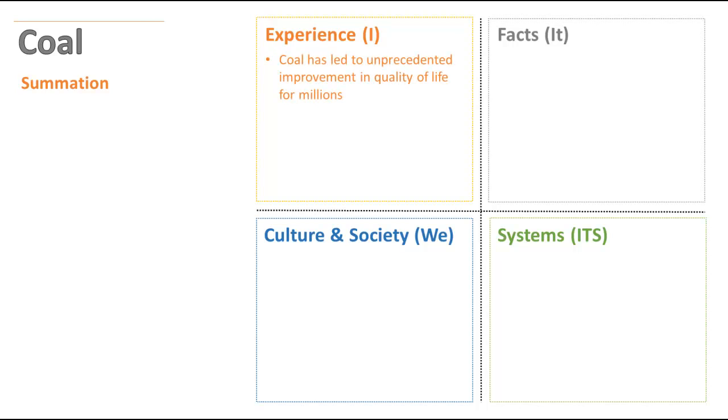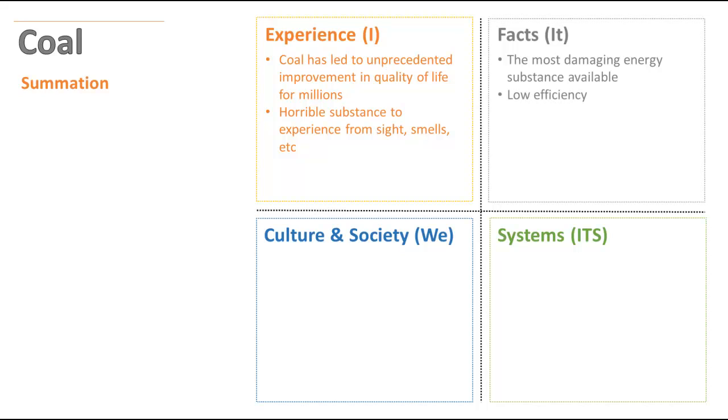So in order to have a summation here, coal has led to unprecedented improvement in quality of life for millions. It is a horrible substance from an experience point of view and from the process, something that most people would not want to experience. Some of the facts: it is probably the most damaging energy substance available over the long term that we can use.